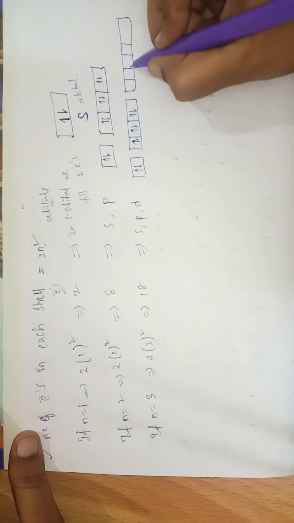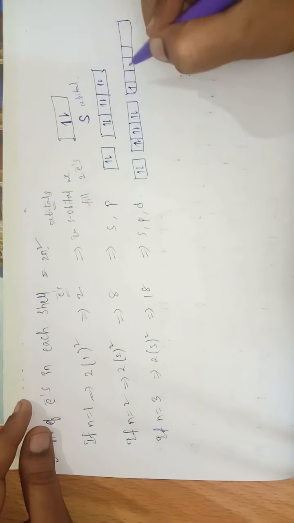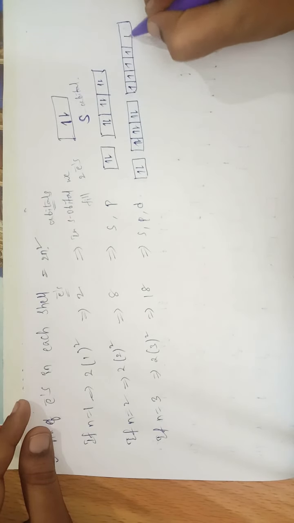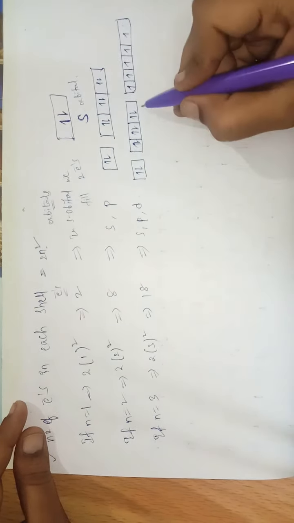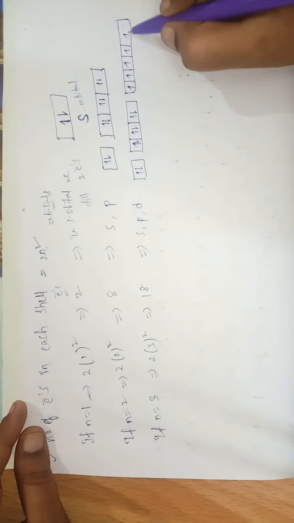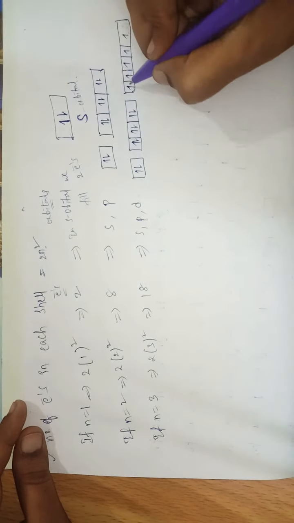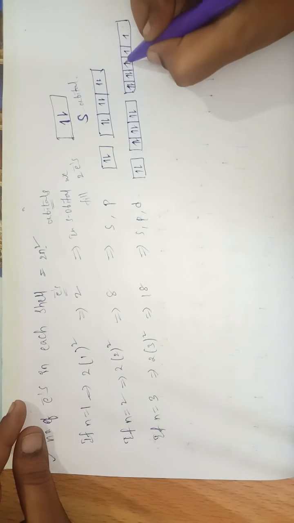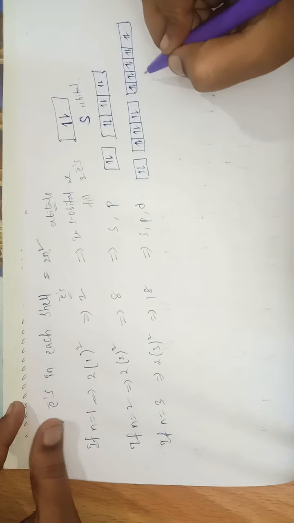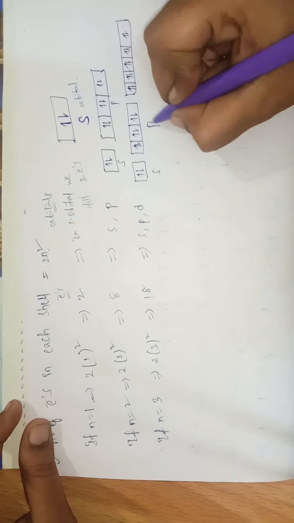We have to fill electrons like 1, 2, 3, 4, 5. Already here 8 electrons have been filled, and here an extra 5, 8 plus 5 is 13. The remaining electrons we have to fill like this. These are the s, p and d.